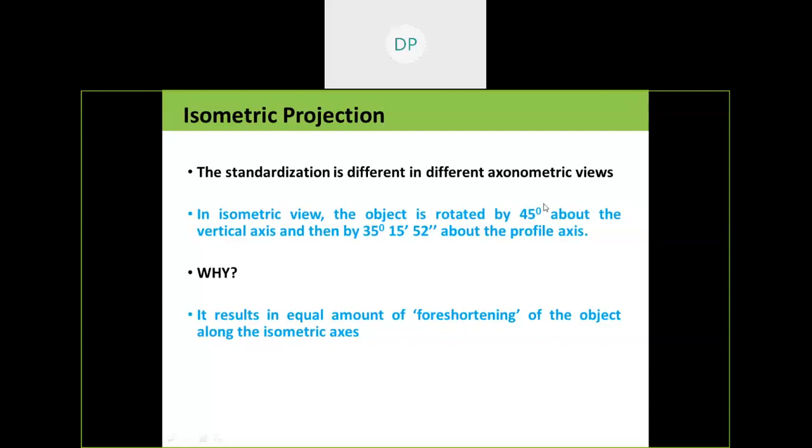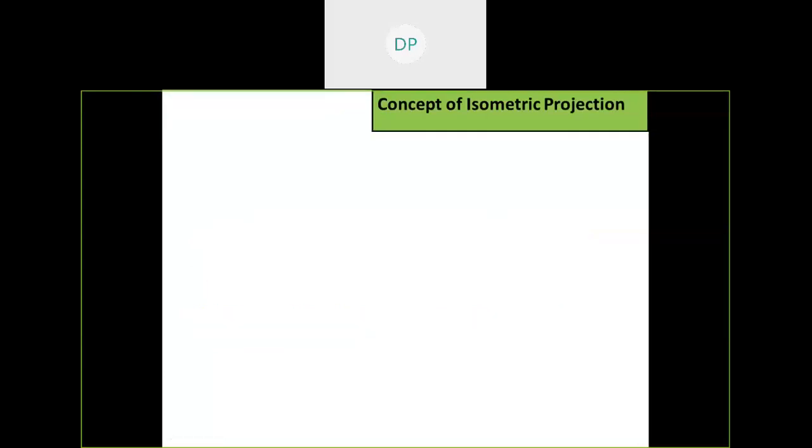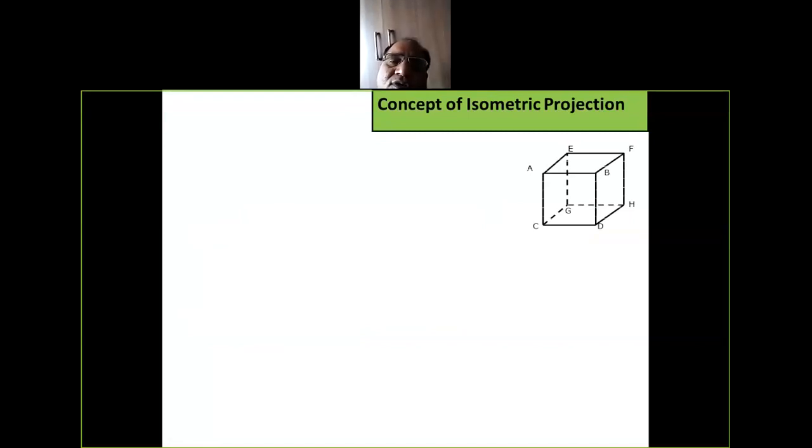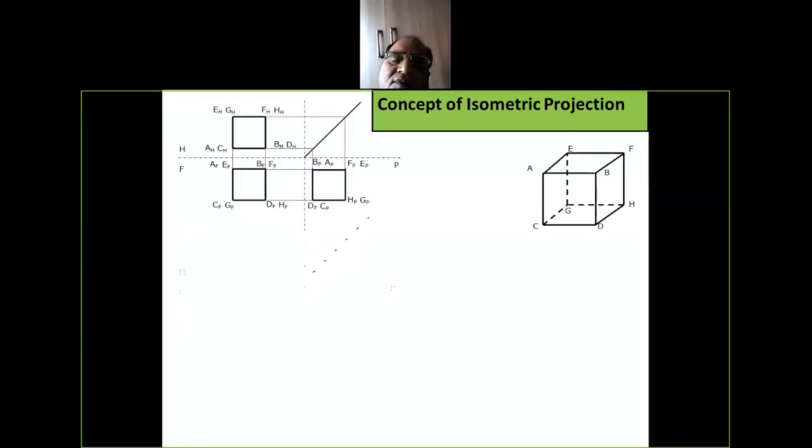Now the concept of isometric projection is that a 3D pictorial view is transferred to a two-dimensional view on paper so that we can obtain a proper view of the object, but the actual length is shortened by 0.8 times the length in isometric projection.